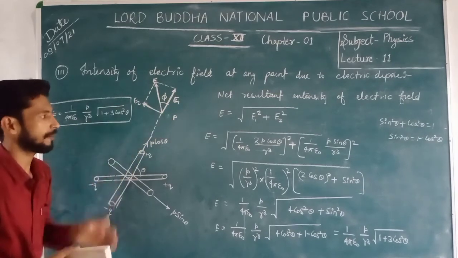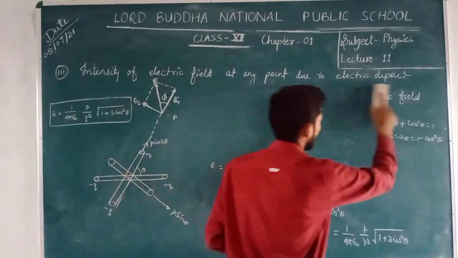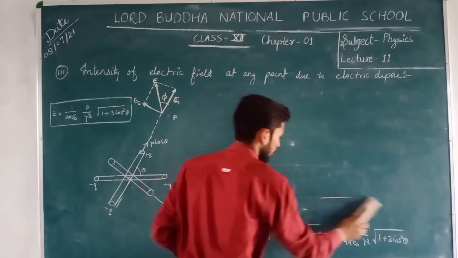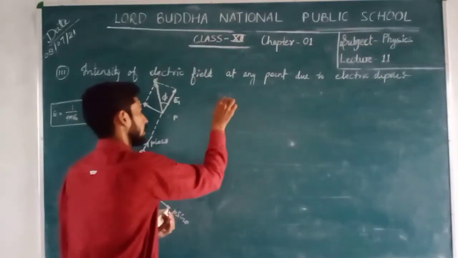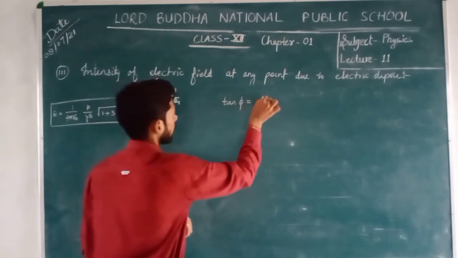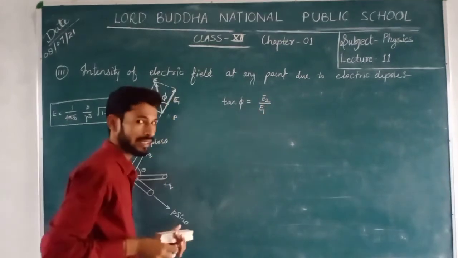So if we are going to calculate the value of phi, then we can write tan phi equals to E2 upon E1.